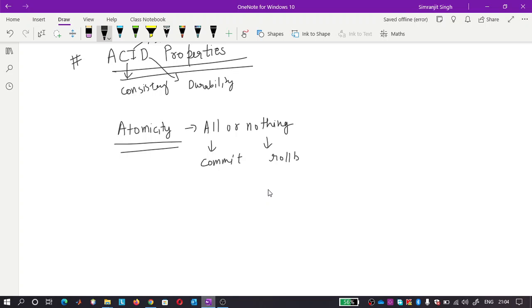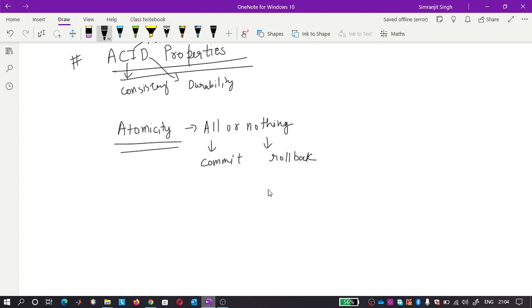If the transaction is completed, then the values are updated to the secondary memory as well. If there is any failure before it, you have to roll back all the values. So this is referred to as the all or nothing approach.